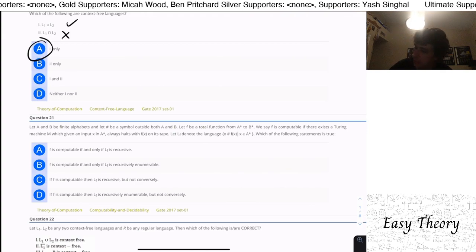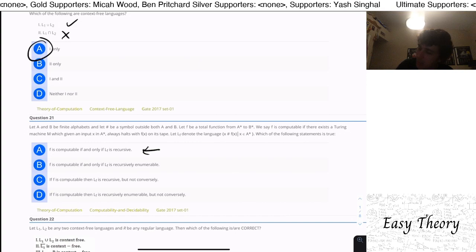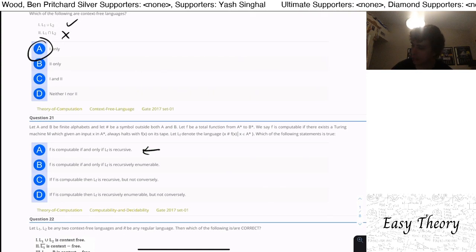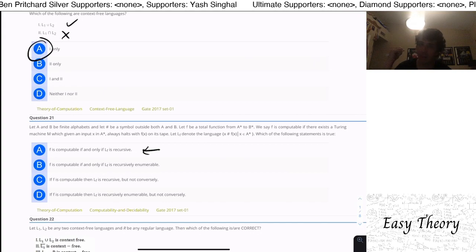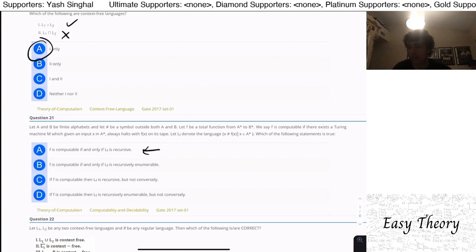Yes, so it is A. I can immediately see that it's A. Why? Because if F is computable, then I can compute F of X if I'm given X. So why is L of F recursive if F is computable? What I can do is take the function, apply the input to it, and then just write it out onto the tape.